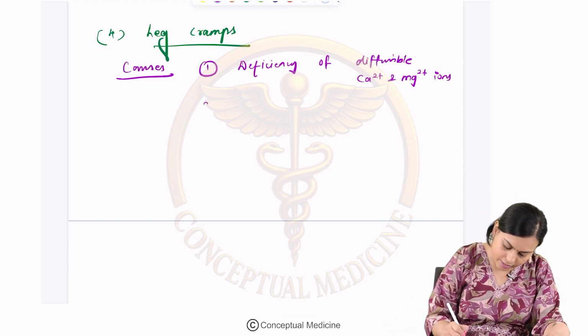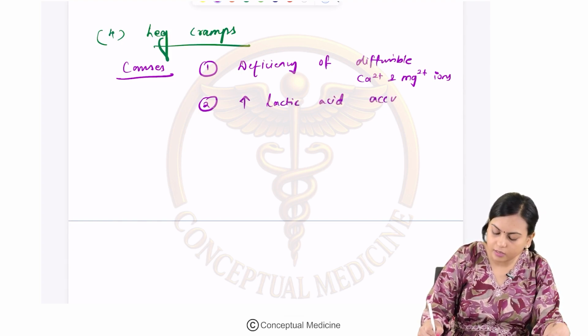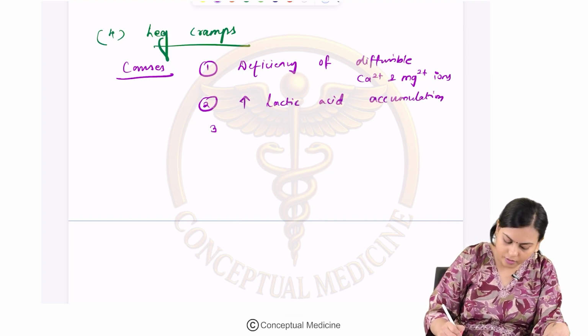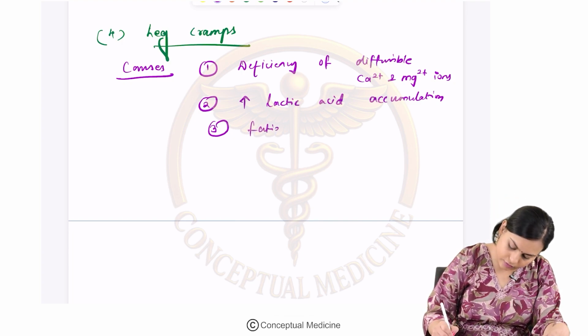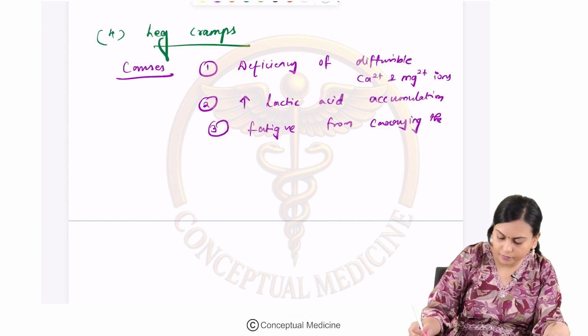Okay. And there is an increased level of lactic acid accumulation, or there can be fatigue from carrying the pregnancy itself. Okay, carrying the pregnancy.